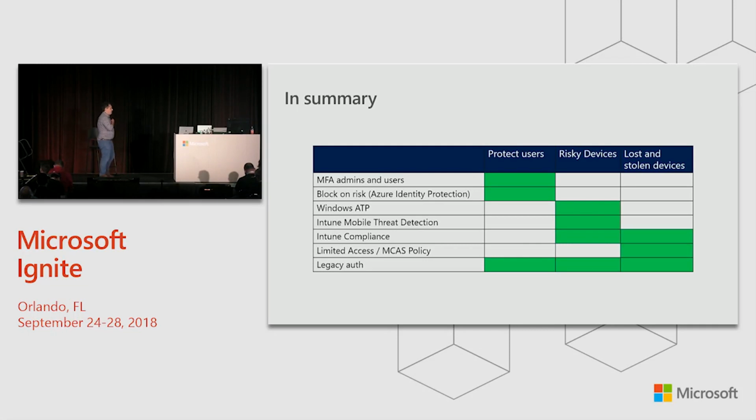And then limited access plus MCAS for helping with lost and stolen devices, along with the Intune compliant device scenarios. It allows you to have this richness of data protection on the device while also keeping your users productive, since they don't necessarily have to have an enrolled device, and they can still have some restricted access.